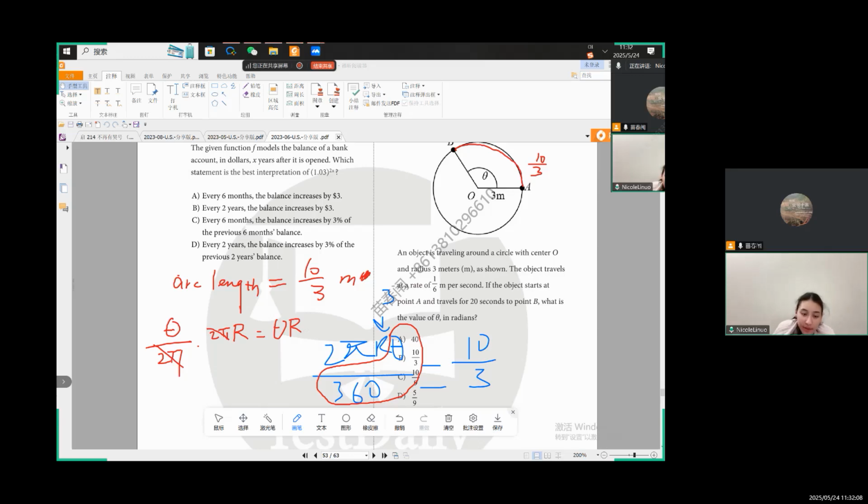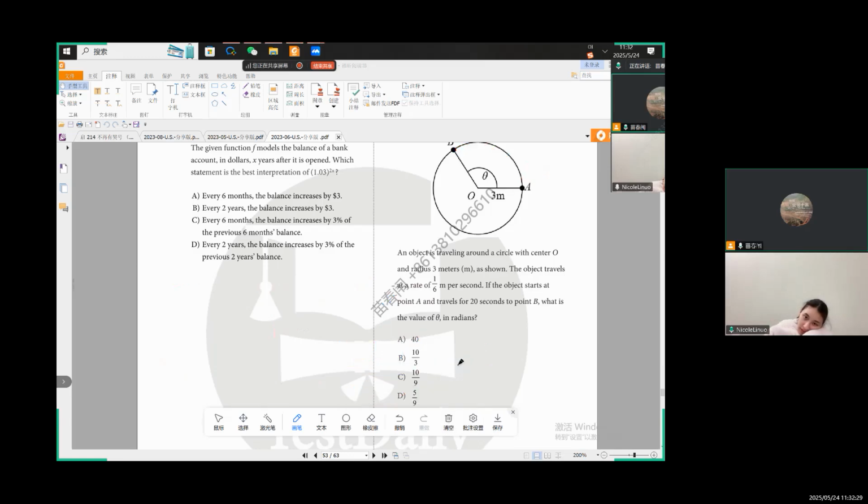But if I did my way, the long way, the time-consuming way, would I have gotten the same answer? Yes, you will get the same answer. But at least if I forget this, I have to wait. And maybe this is the question that will take a little too much of your time. So you remember arc length has 2 formulas, or in a way 3 formulas.